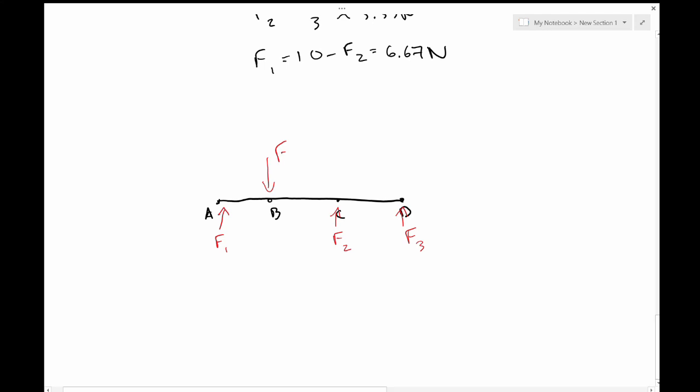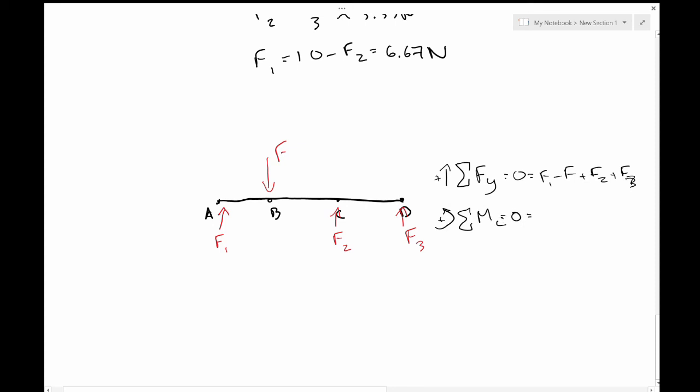Okay, so let's see what kind of equations we can write using these forces that we have. So we might start with the sum of forces in y equals 0, equals F1 minus F plus F2 plus F3. And then we might take, say, arbitrarily the sum of the moments about point C, and we'll set that to 0.